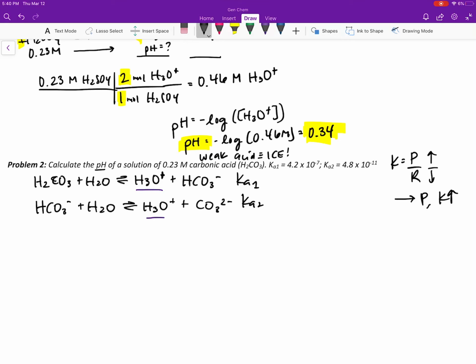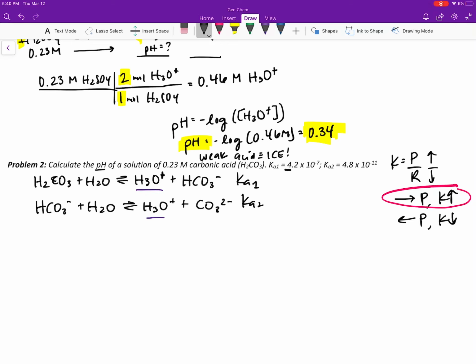If the reaction does not proceed to the products, then the Ka is going to be small, and that tells me which one is going to be the biggest contributor to pH. The one that has the bigger K value, because the bigger K value means more products. More products means more hydronium. More hydronium means more of an impact on the pH.